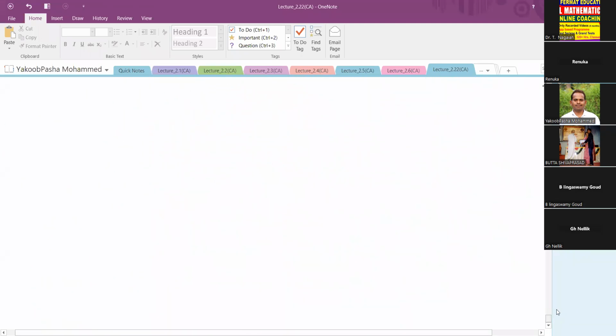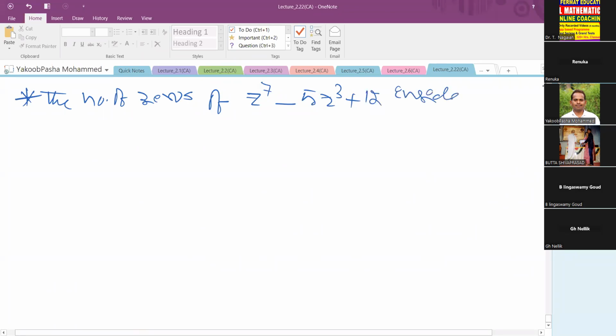Now I am taking another example. The number of zeros of z power 7 minus 5z cube plus 12 inside the circle modulus of z equal to 2.